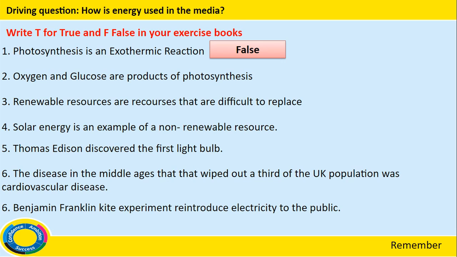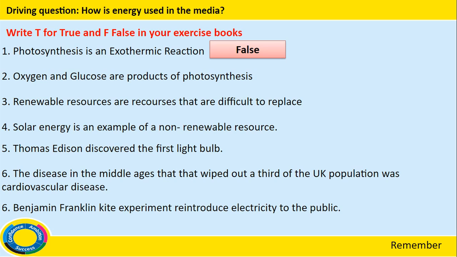Because that energy is being absorbed for the process, we say that photosynthesis is an example of an endothermic reaction. On the other hand, reactions that give off or produce or release heat, those reactions would be exothermic.